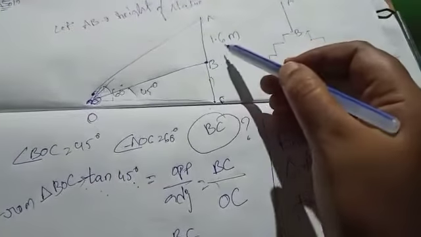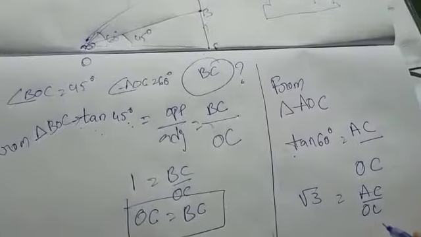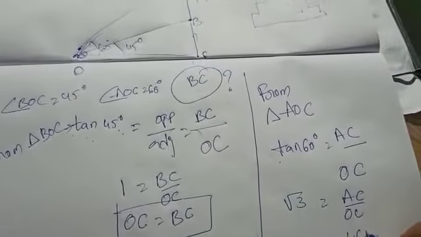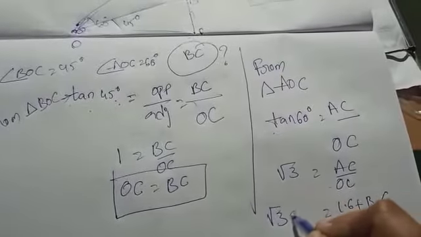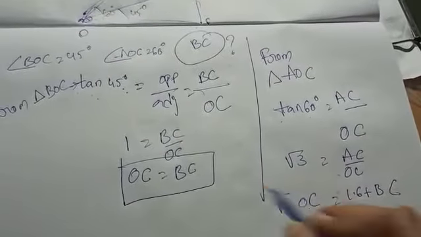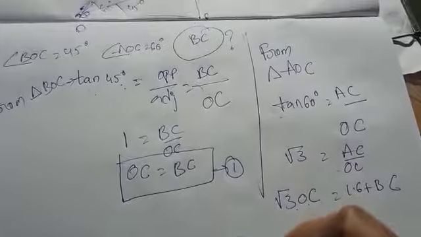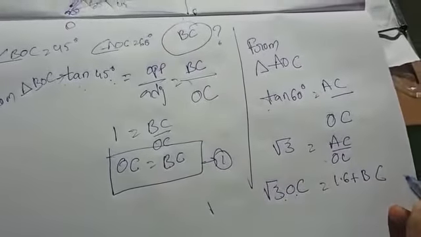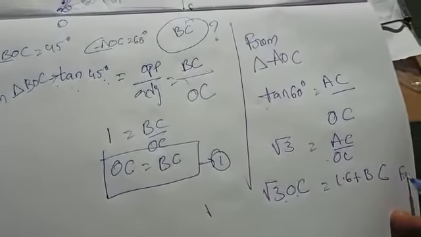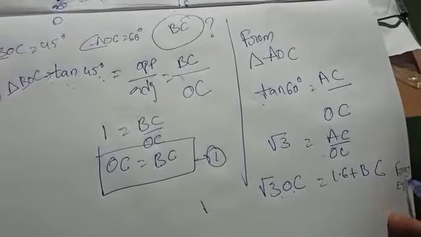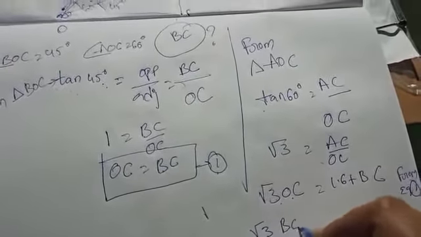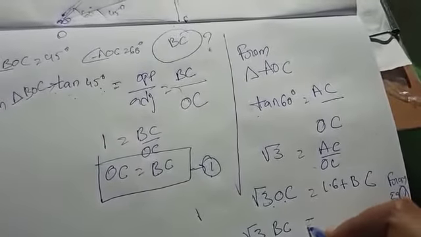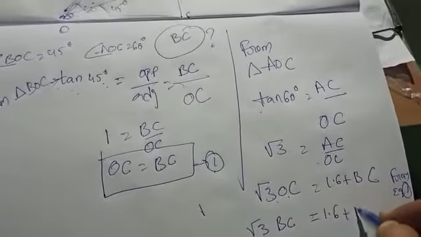AB value is 1.6, plus BC. So 1.6 plus BC equals √3 into OC. This is equation 1. From equation 1, OC equals BC, so root 3 into BC equals 1.6 plus BC.